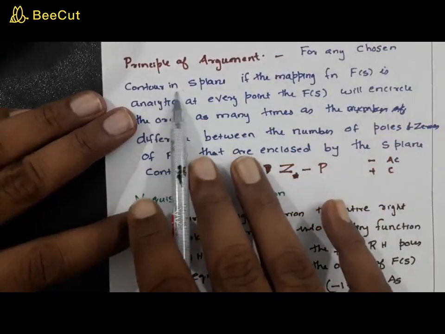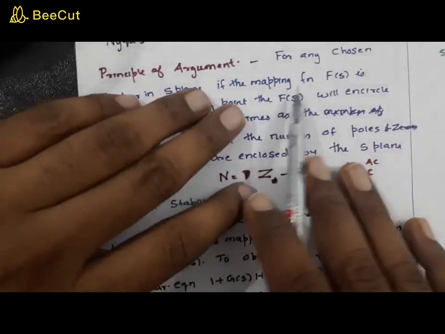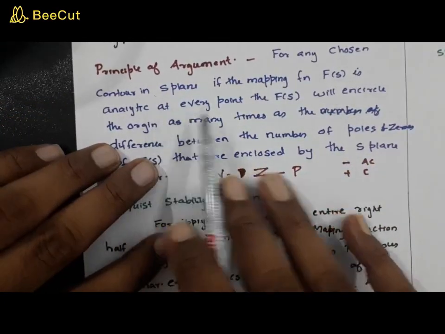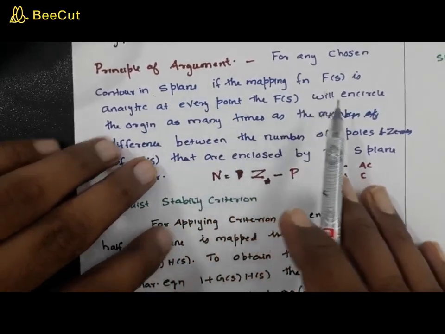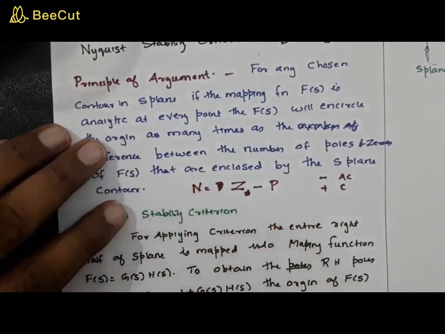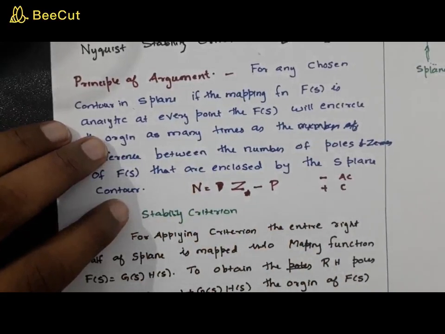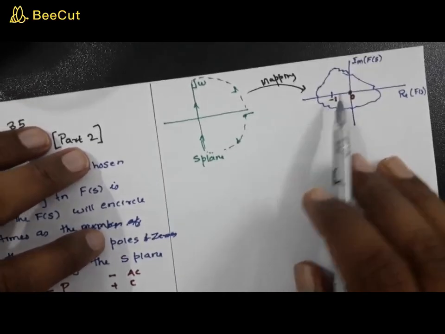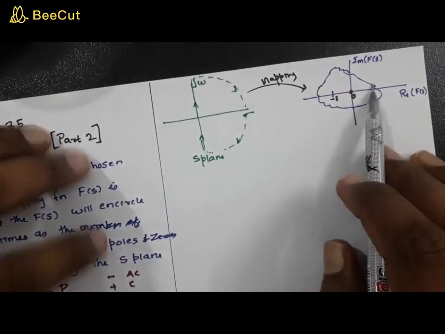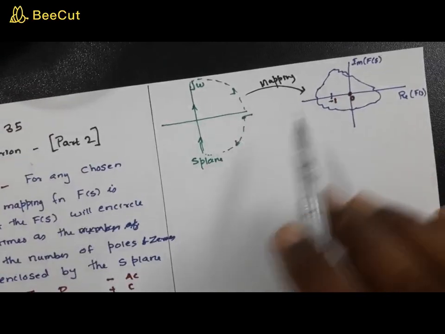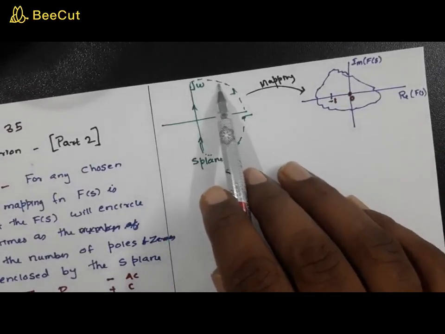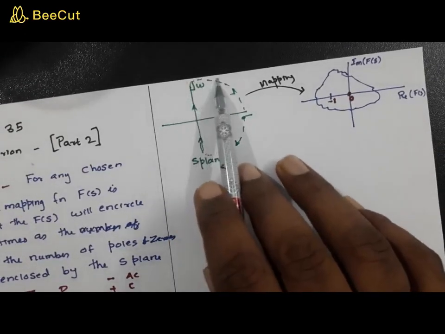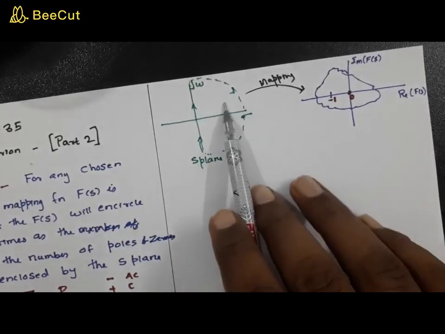For any chosen contour in the S plane, if the mapping function f of s is analytic at every point, what is the meaning of analytic? You have already studied that: it simply means f of s is differentiable at every point. So suppose you had a mapping like this, you will get a different picture. You have formed a closed contour of your concern, that is the whole right half plane, and that has been mapped.